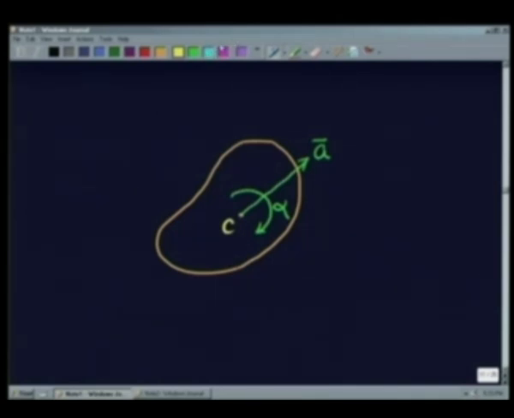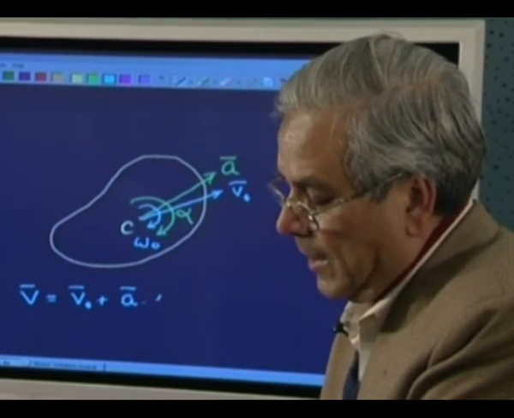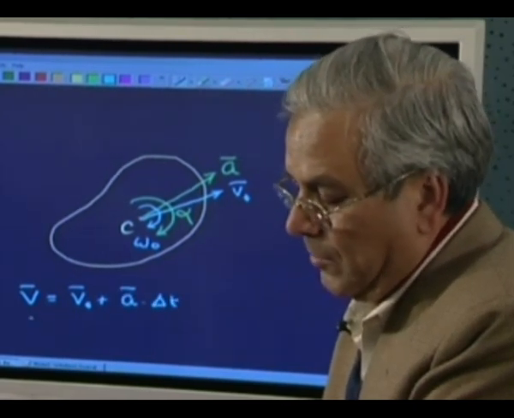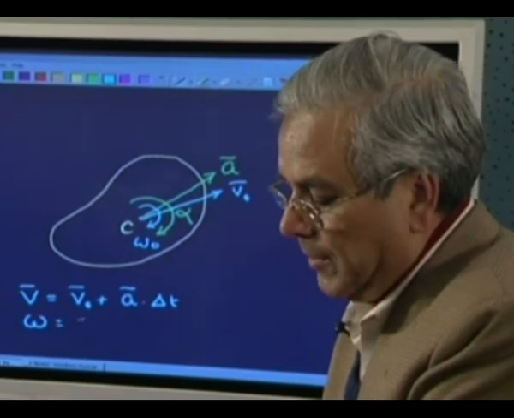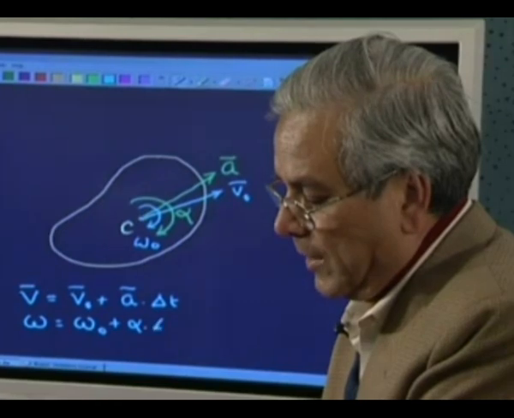For example, if initially its velocity was v0 and its angular velocity was omega 0, then after a time delta t, v will be v0 plus a delta t, and omega will be omega 0 plus alpha into delta t.